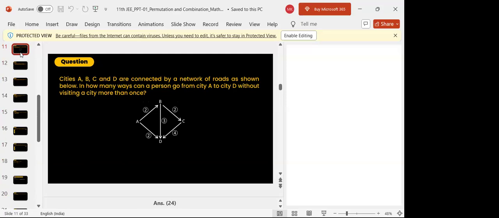In how many ways can a person go from city A to city D without visiting a city more than once?